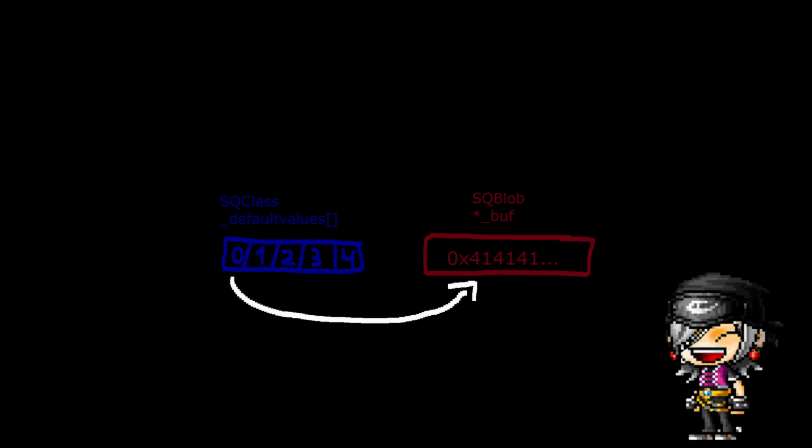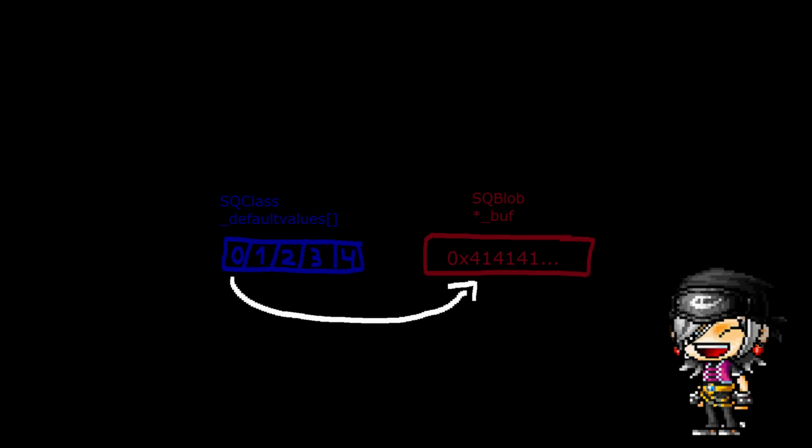Populate the blob buffer content with a fake SQ object pointer, which is essentially how variables are represented in memory. Step 4. Use the type confusion bug to trigger an out-of-bound access, and as a result, get yourself a fake object of which you control all the bytes in it.